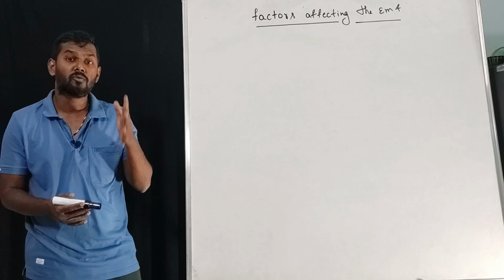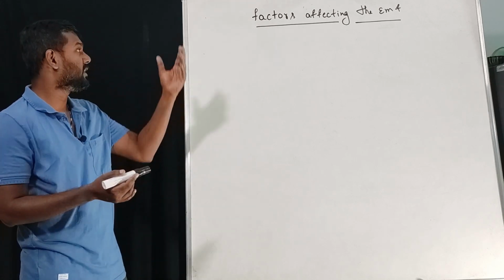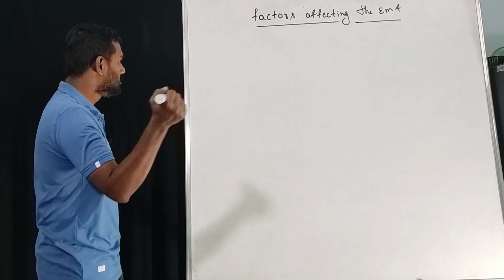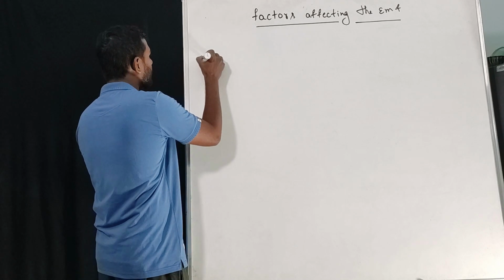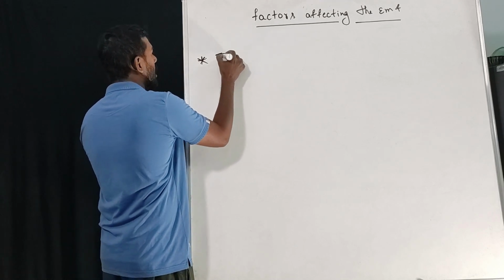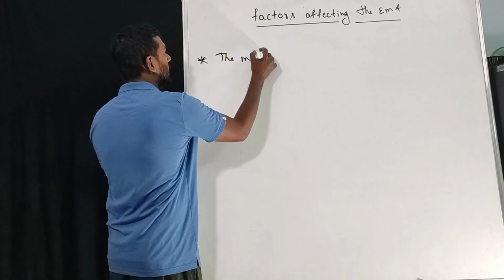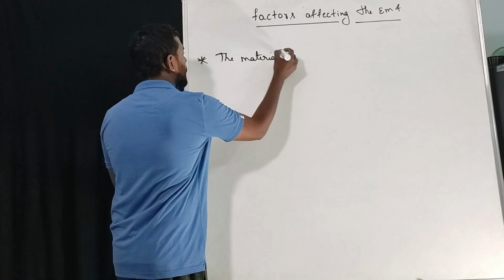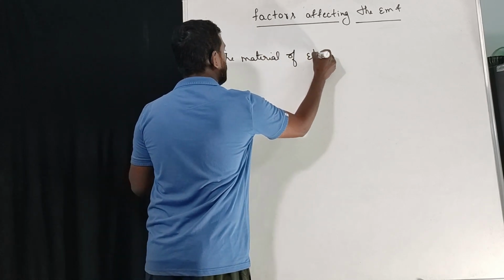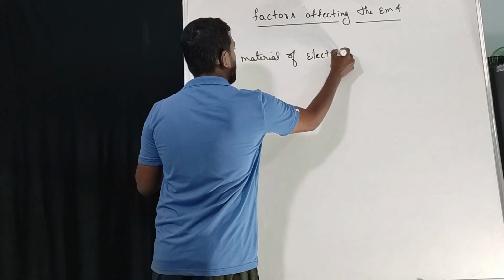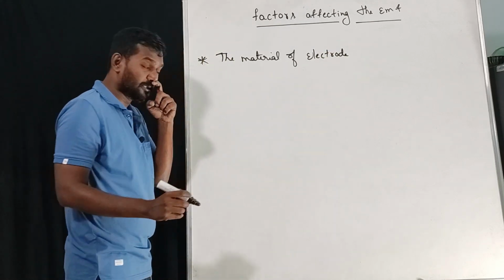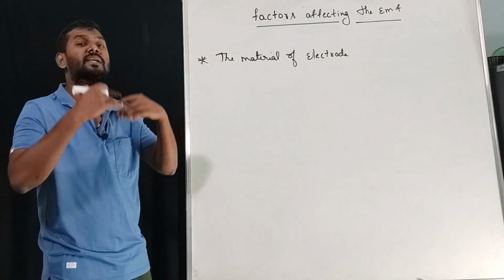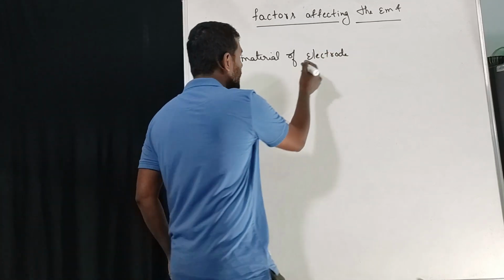Now we'll understand what are the factors which will affect the EMF of the cell. The first factor will be the material of the electrode. What do you mean by electrode?